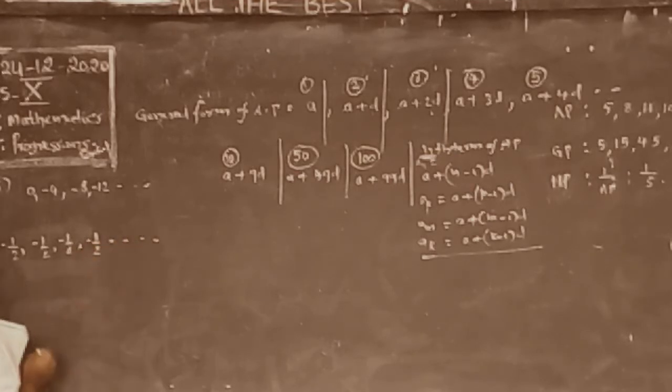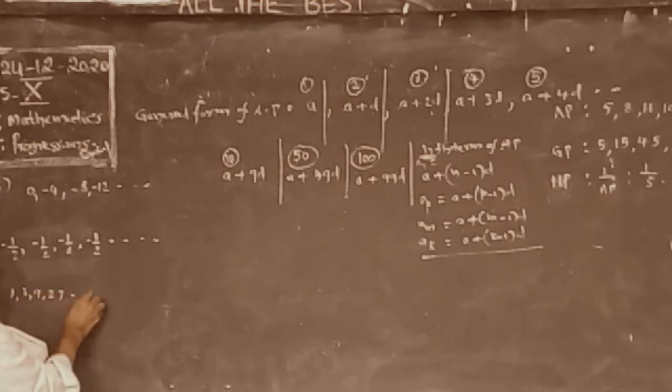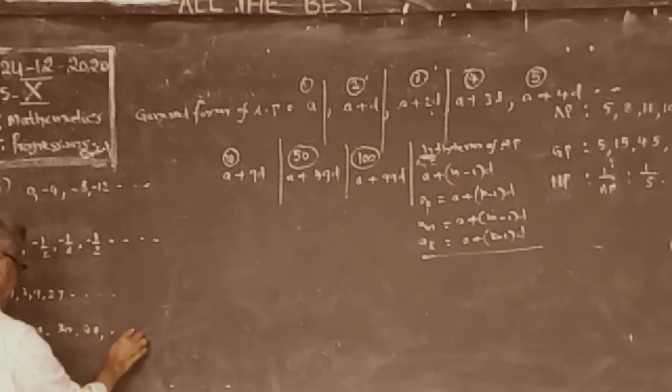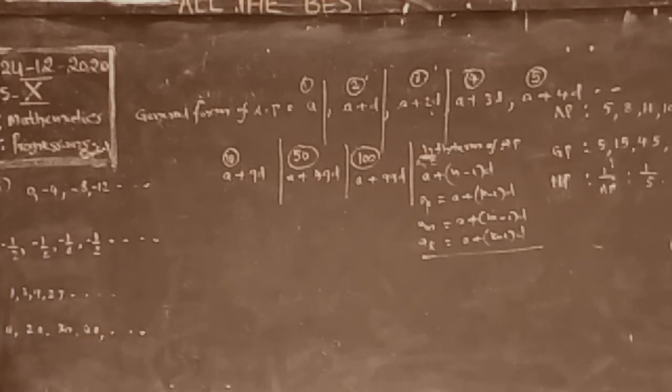Ninth: 1, 3, 9, 27. Tenth: a, 2a, 3a, 4a, dash. Seventh: a squared, a cubed, a power 4, dash.